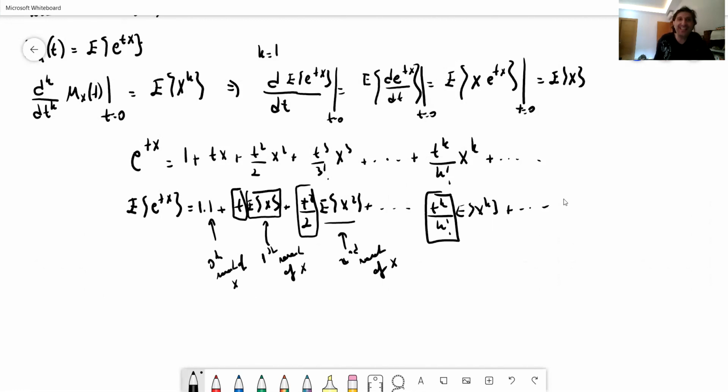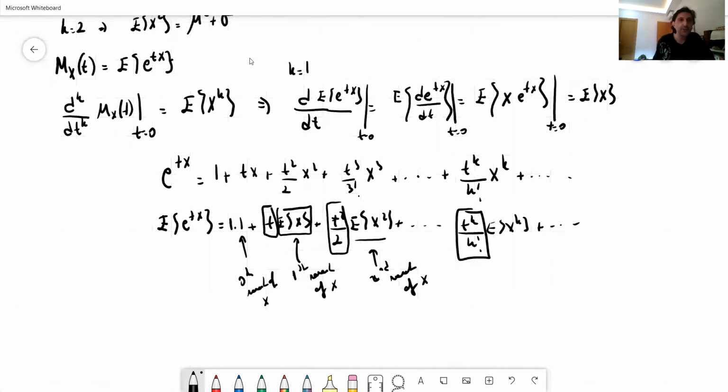So when you take the kth derivative of this function and evaluate at t equal to 0, what we obtain is this function, exponential tx, evaluated at t equal to 0.